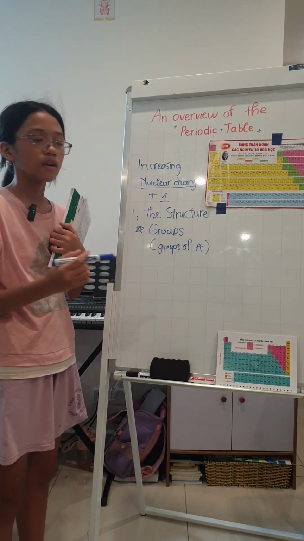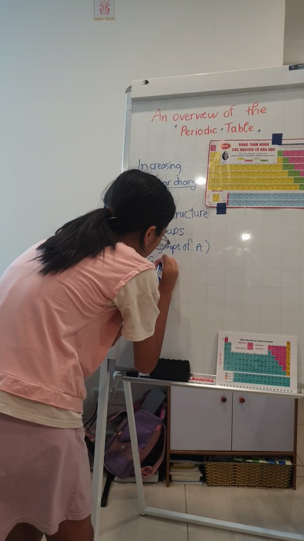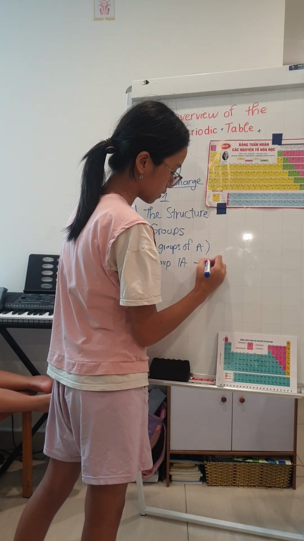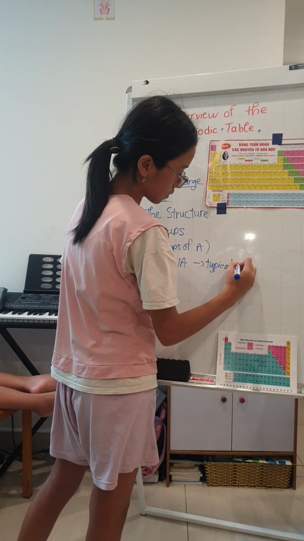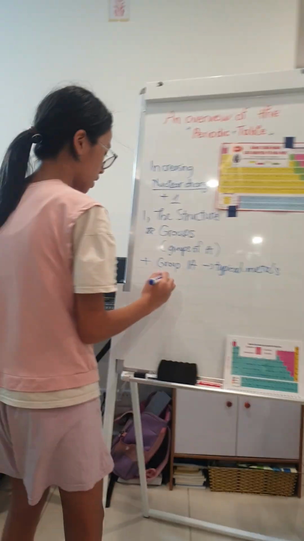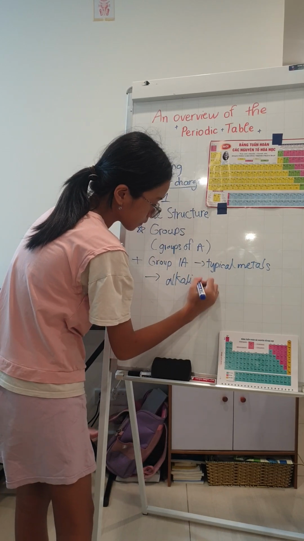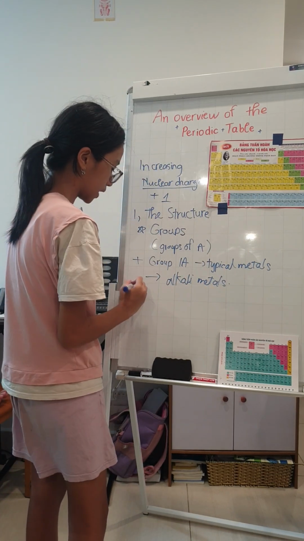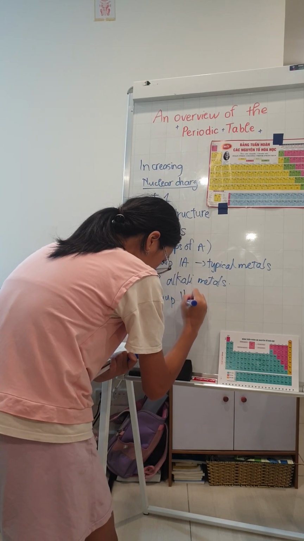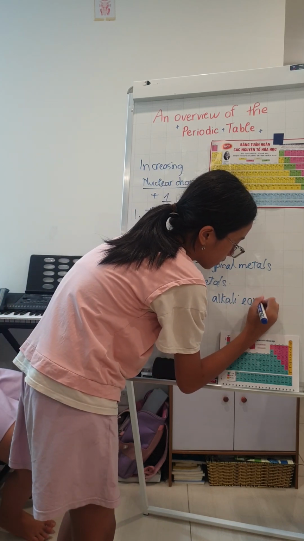And based on the groups, we have some basic information. Group 1A are typical metals, so they have names for themselves too. They are called alkali metals. Group 2A are alkali earth metals.